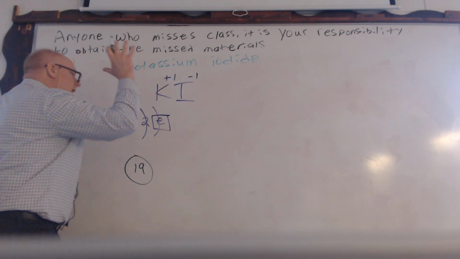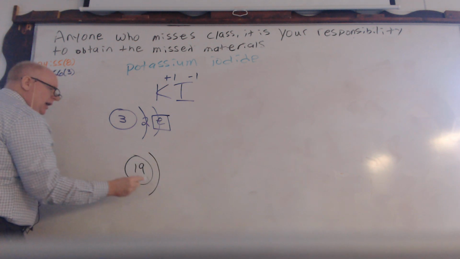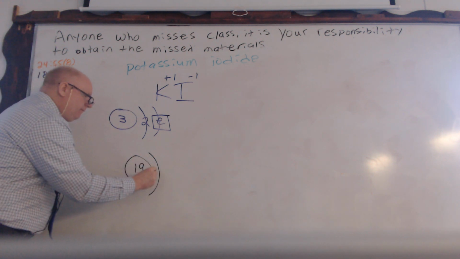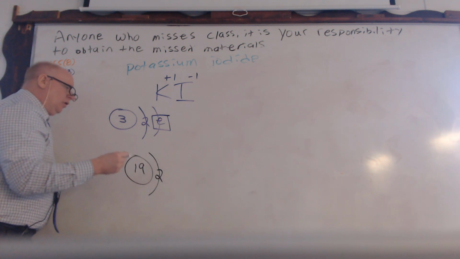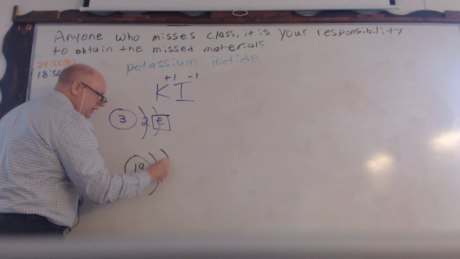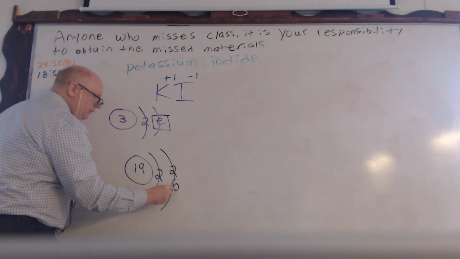Okay, again, follow your slide rule. The big number 1 tells you the first energy level, S block, which can hold how many? Okay. Go to your next slide down. Okay.